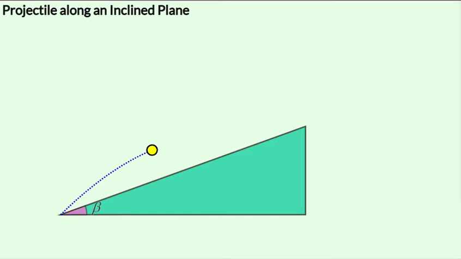When a projectile is fired here, the launch angle of the projectile will obviously have to be greater than beta, the angle of the incline. So let's call the angle of launch with respect to the incline as alpha.